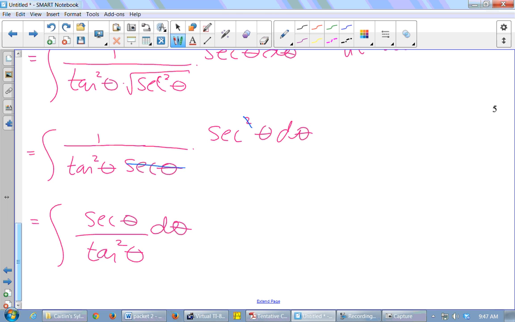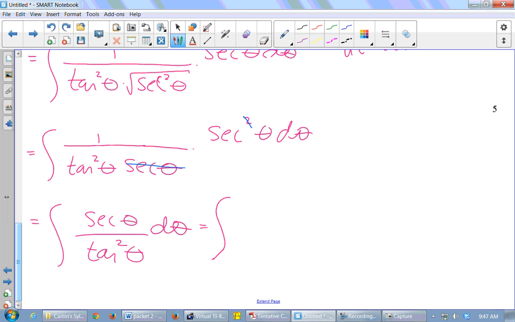Rather than trying to apply some fancy calculus techniques, maybe we can just simplify that integrand. So I'm going to rewrite both of these trig functions in terms of sine and cosine. How is secant related to sine and cosine?